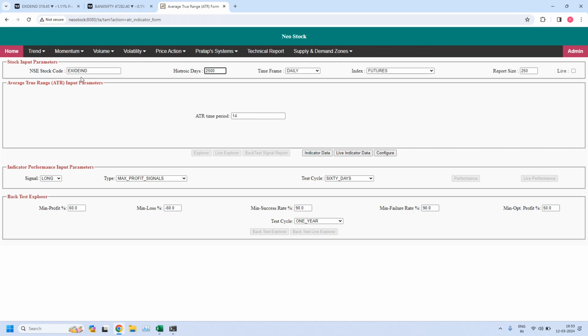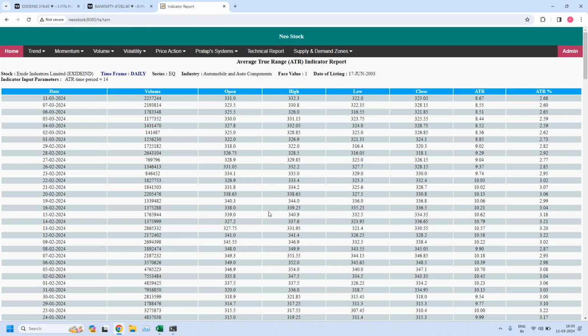I am trying to get the ATR values for Exide Industries. What is your trading date? That is today, the 12th. The previous closing day is the 11th. You have to take the 11th ATR value, which is 8.67.